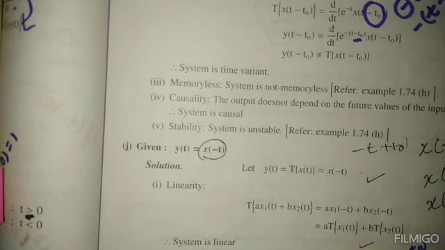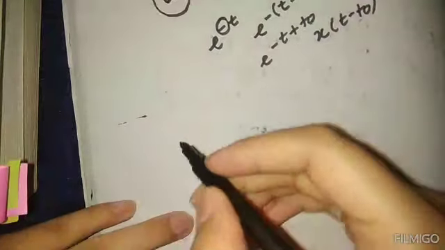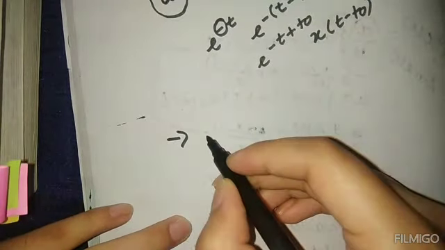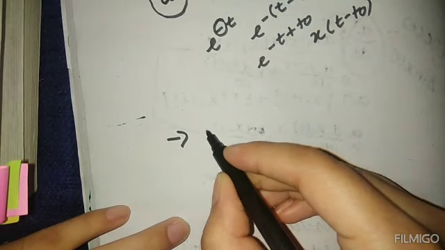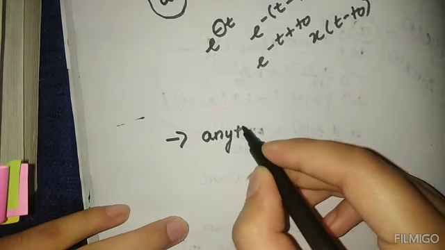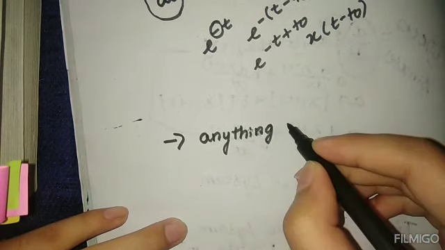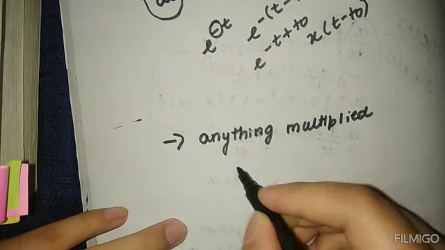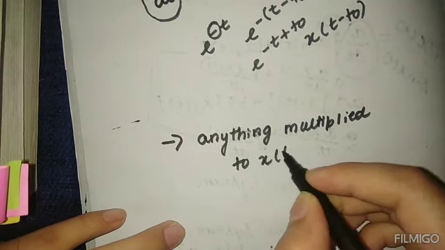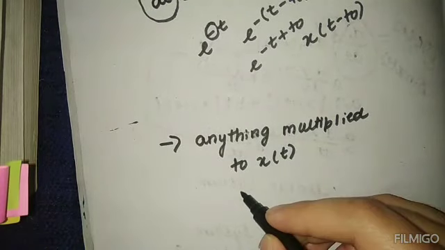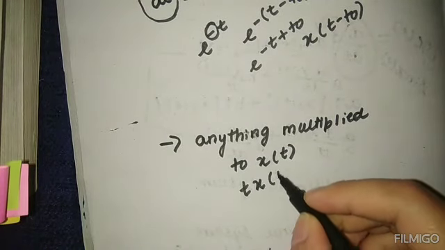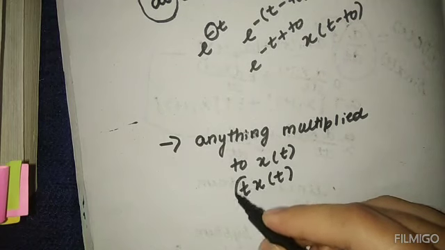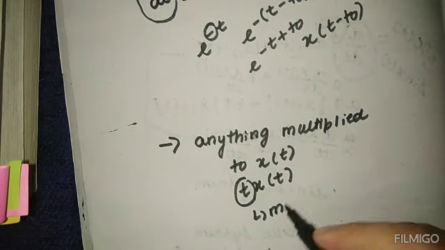You can see that these 5 things you need to always remember before doing the problems. When you see the question itself, if anything is multiplied to x of t, for example t times x of t, you need to make sure that it gets multiplied to the whole transformation result.